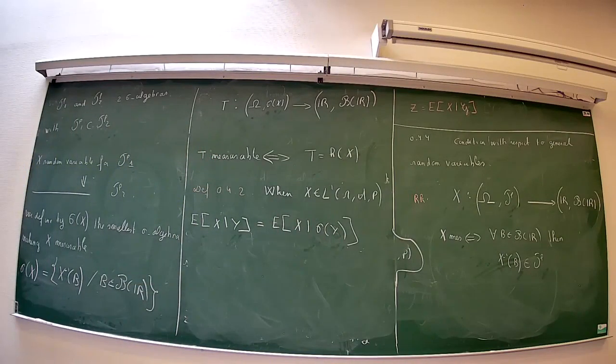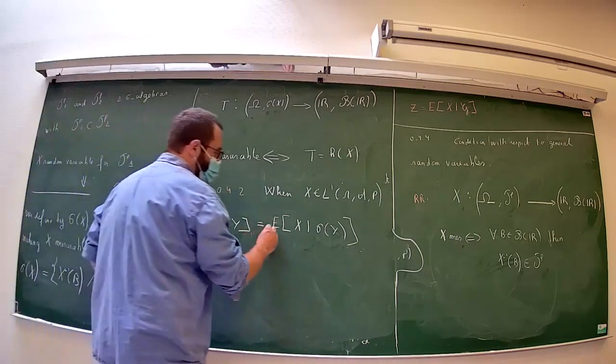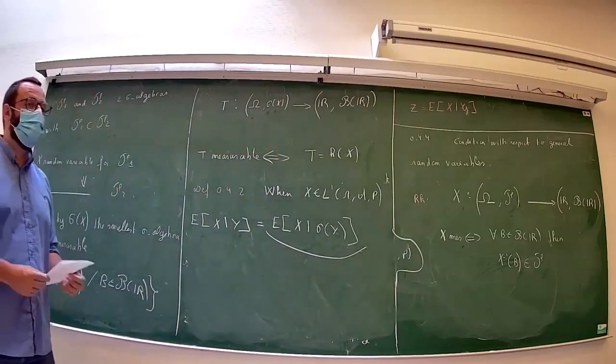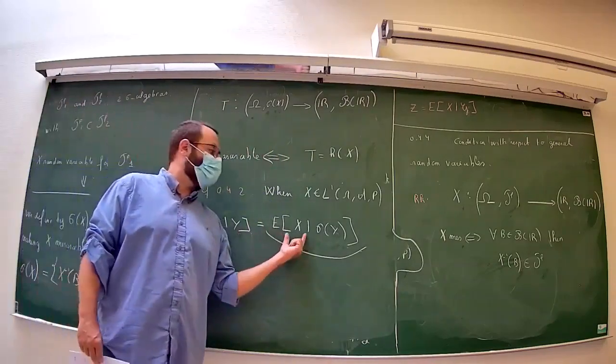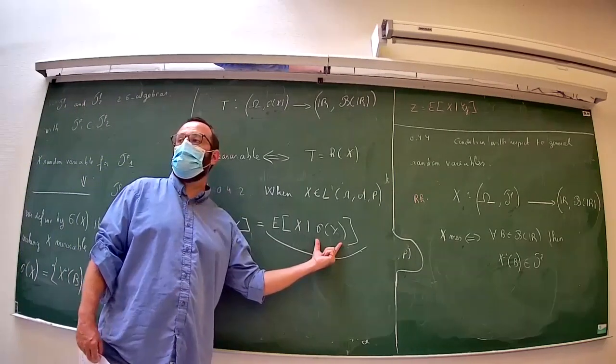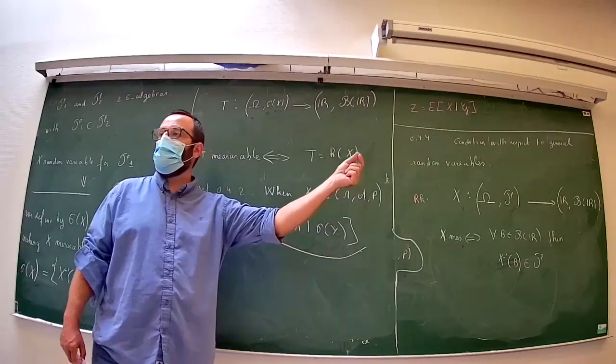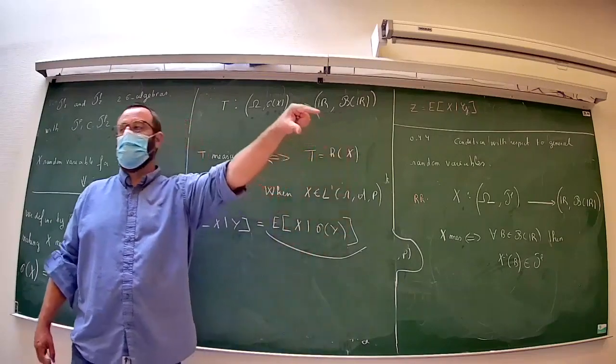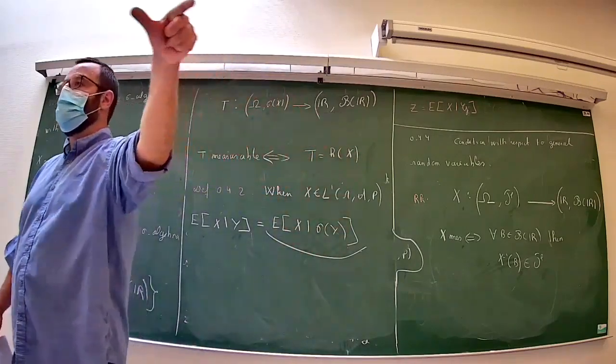So I have this one. A remark and a consequence of this is that by definition 0.4.1, you know that the conditional expectation given the sigma algebra is the unique random variable that is sigma of Y measurable and that fulfills the expectation condition.